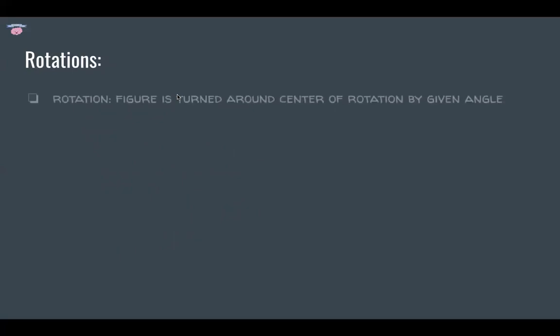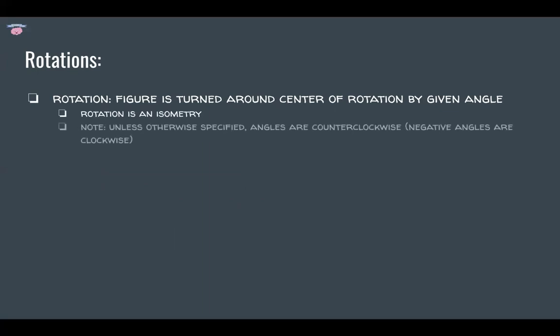Rotations. So a rotation is a figure that is turned around the center of rotation by a given angle. Again, what's the center of rotation? It's the center at which you rotate by. And the angle you're given is the angle of rotation. It's an isometry. And here's a big note: angles are usually counterclockwise. Negative angles are clockwise.